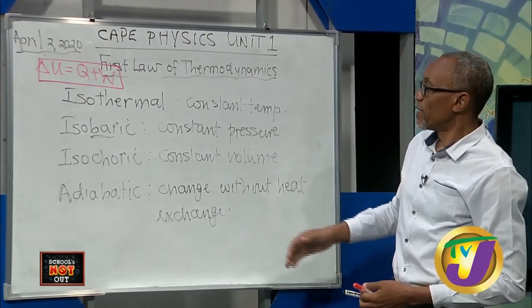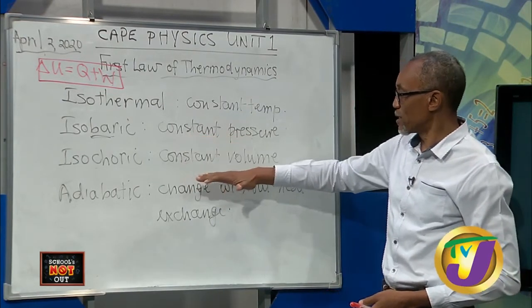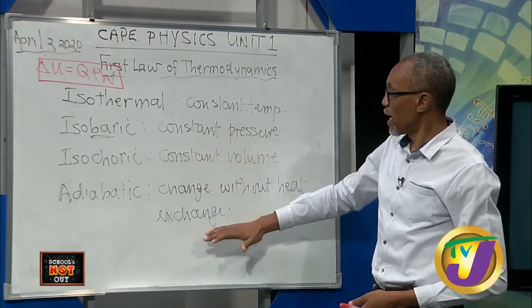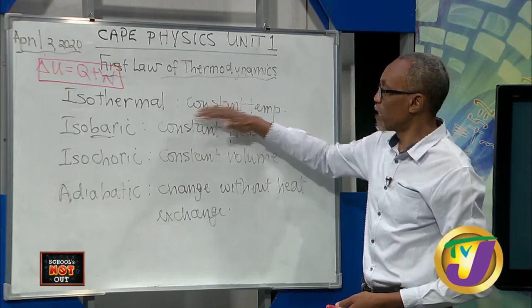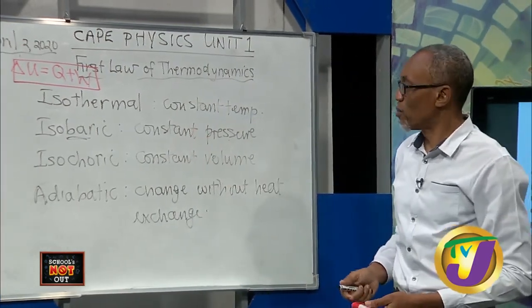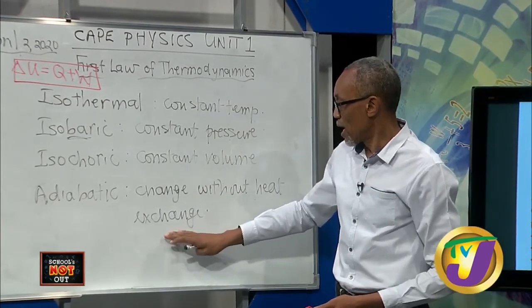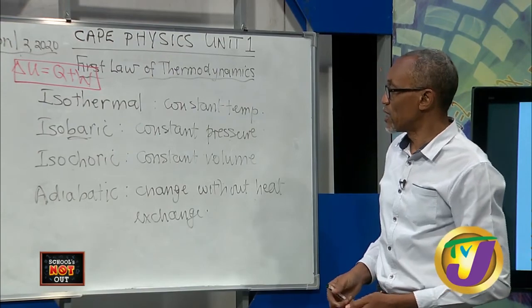Now, let's look at a constant volume, adiabatic, and an isothermal change. All right, and then we can look at isobaric. But let's look at an adiabatic change.